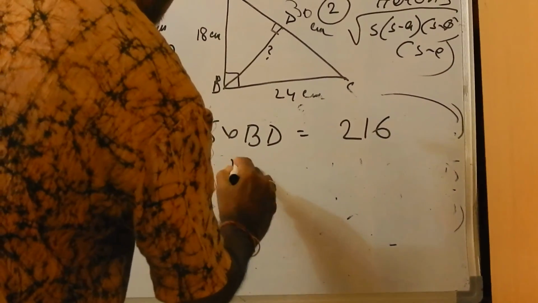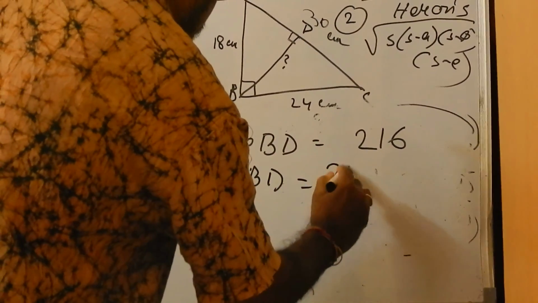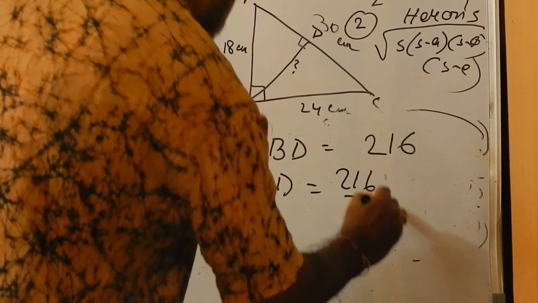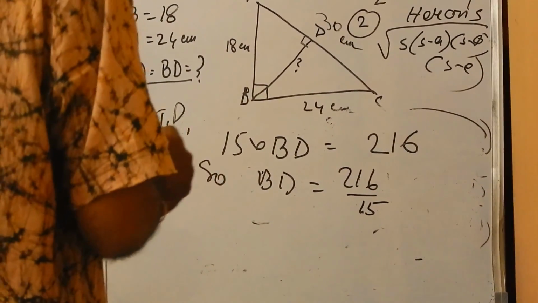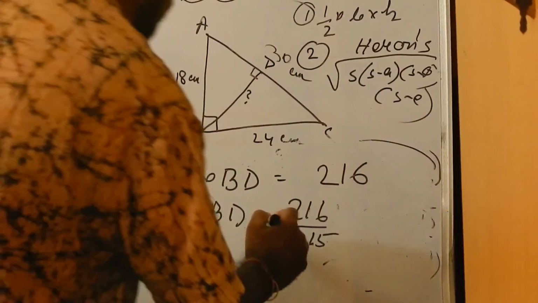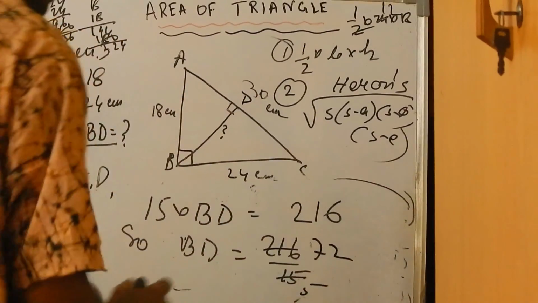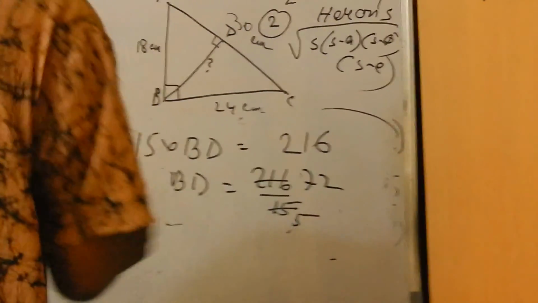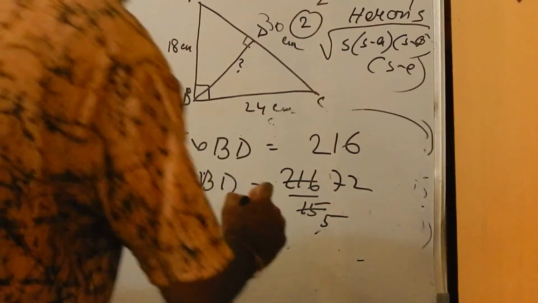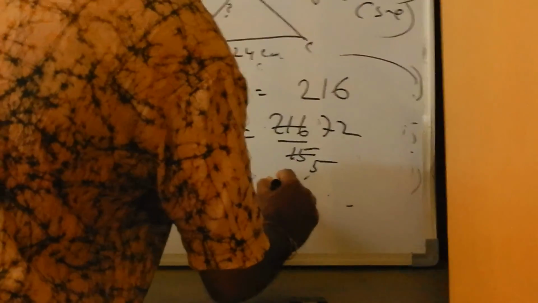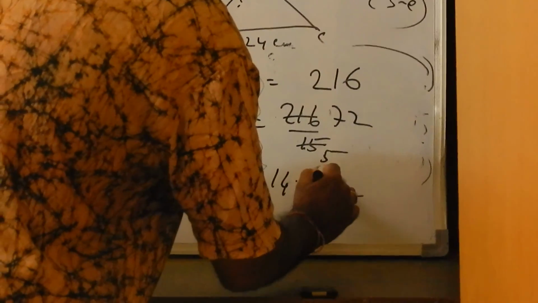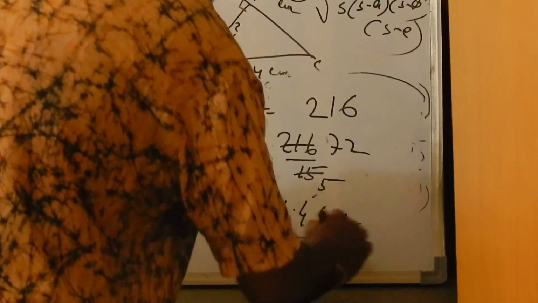So BD equal to 216 by 15. BD equal to 72 by 5 or 14.4 centimeter.